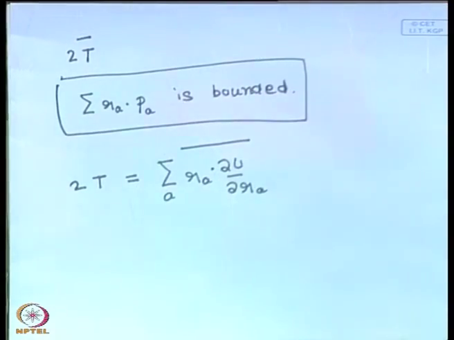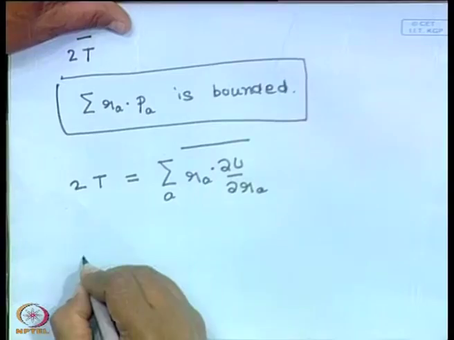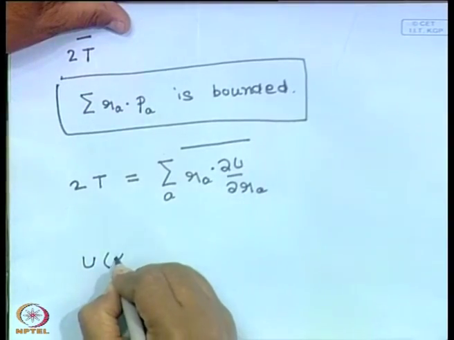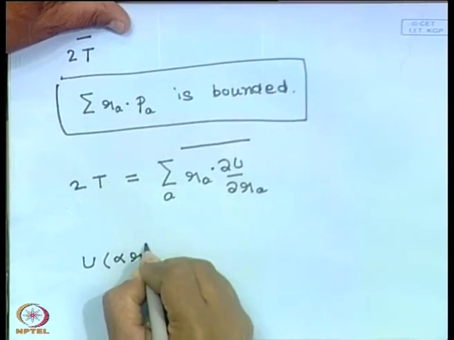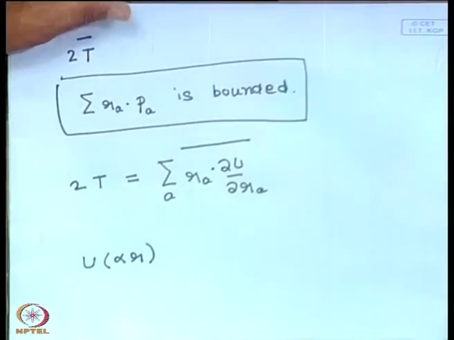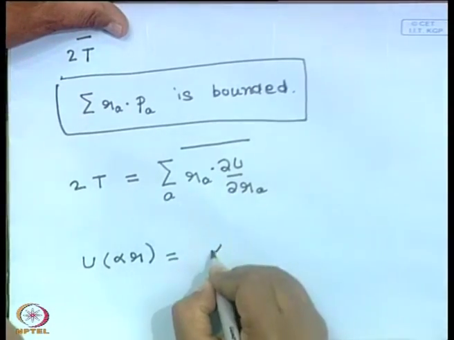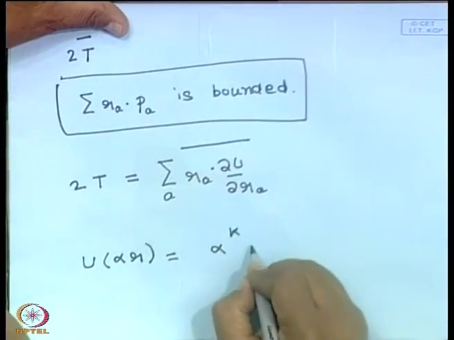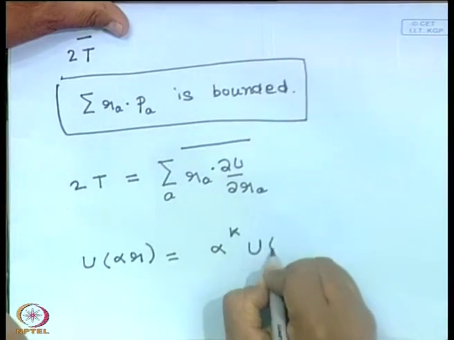and in the last class we were discussing what happens when the potential is homogeneous. So, let us again assume that the potential is homogeneous. So, U of alpha r, if I scale all the r's by a value alpha, we will assume goes to alpha to the power k times U of r.